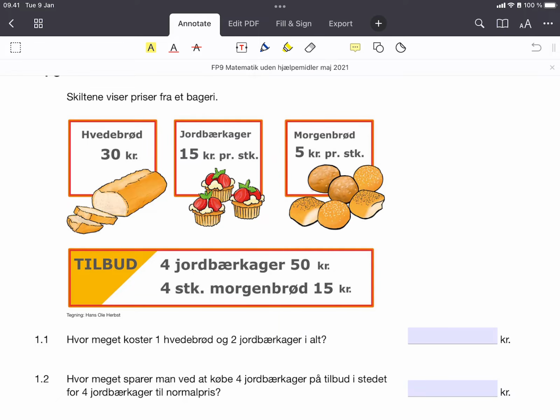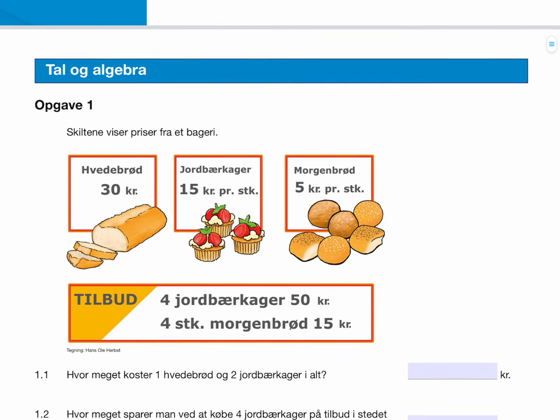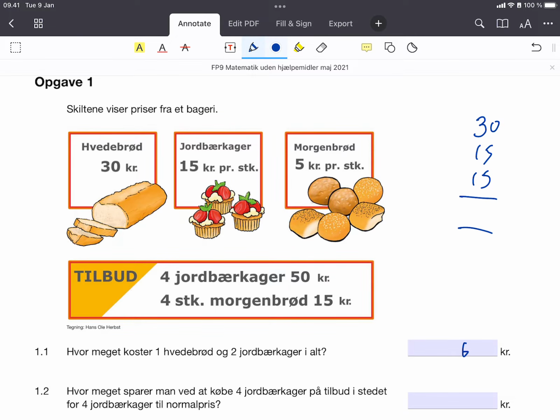So it says, how much does 1 hvedebrød, like a white loaf, and 2 jordbærkær, 2 strawberry cakes, strawberry tarts, how much does that cost in total? So let's just get my pen up. Okay, so we're looking at 1 white bread and 2 strawberry cakes, 15, 15, 30 plus 15 plus 15, 60 kroner, straightforward.